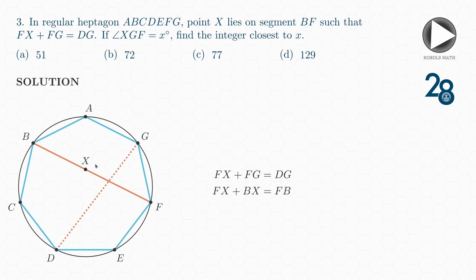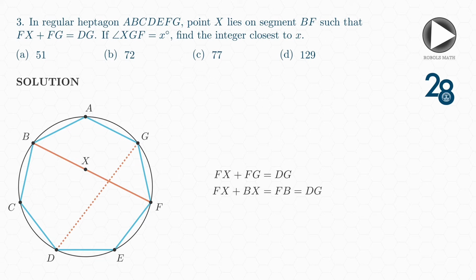In this case, BF and DG are both separated by two other vertices, so they must be congruent. I leave it up to you to prove that on your own. I think that should be a good exercise as well. But for this one, let's just make use of the fact that they should be congruent.